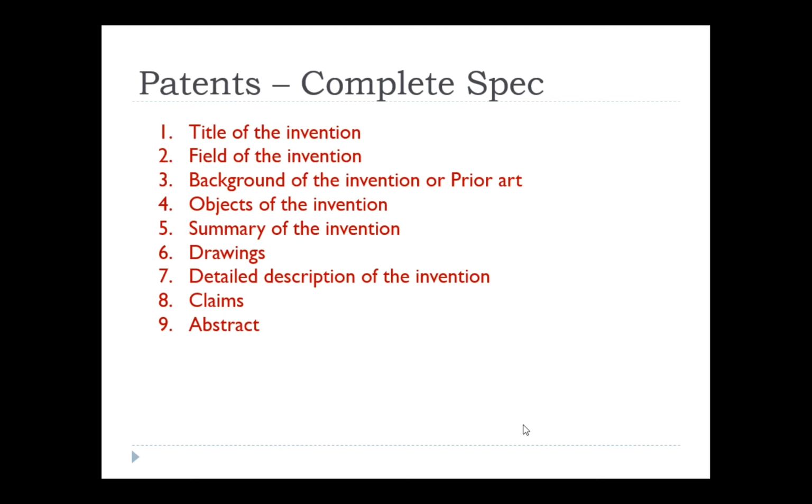Whatever may be the title, it should be less than 15 words, right? You might have thousands and thousands of inventions comprised in your one invention, but your title should be less than 15 words. It is a mandatory rule by the Indian Patent Act.